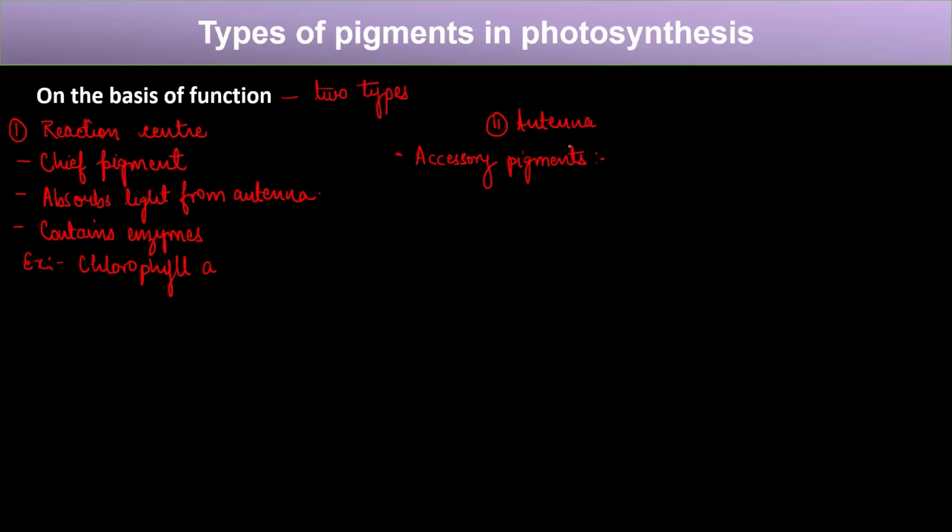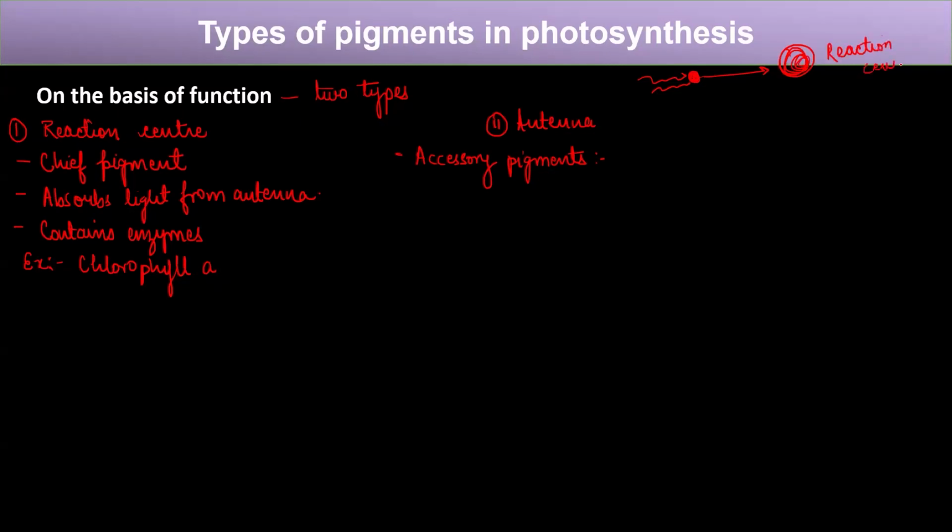Because these accessory pigments absorb light directly from the sun, and then transfer that light, or energy, because light is a form of energy, to the reaction center. So suppose this is your accessory pigment, and this is your accessory pigment. Once it absorbs light, this light will be transferred to your reaction center.